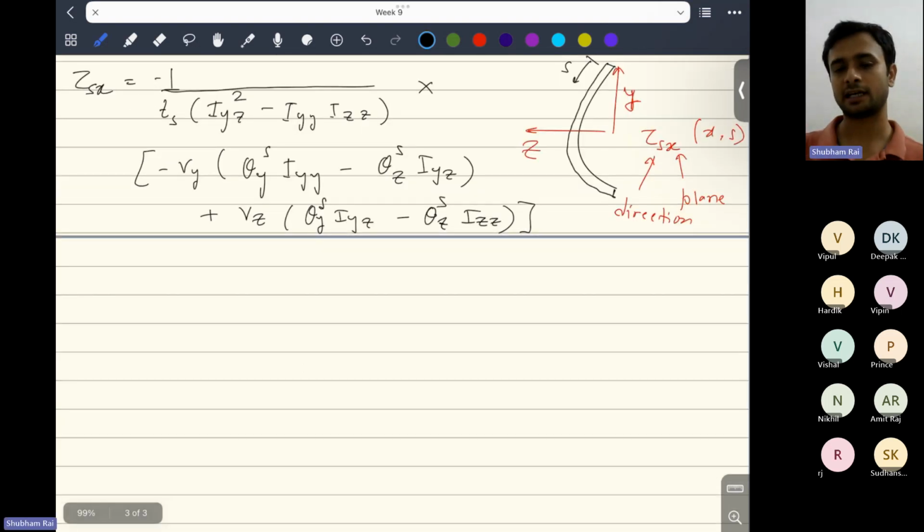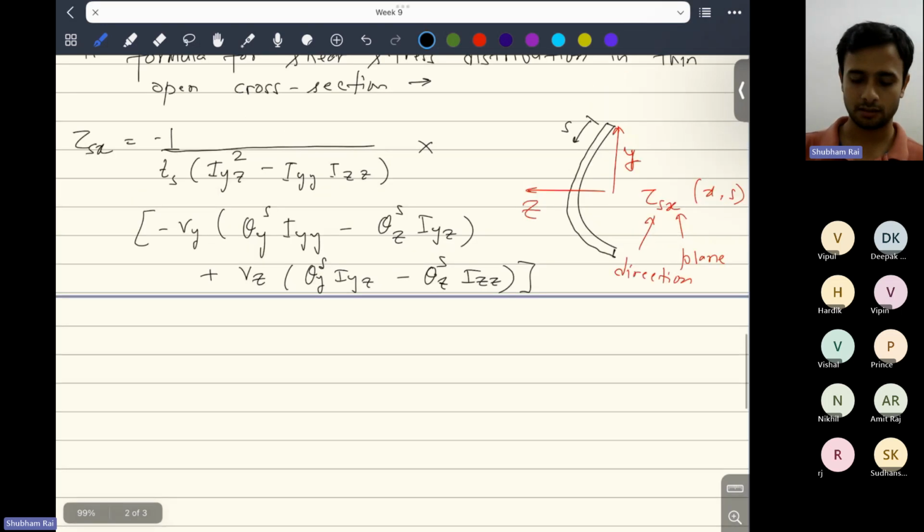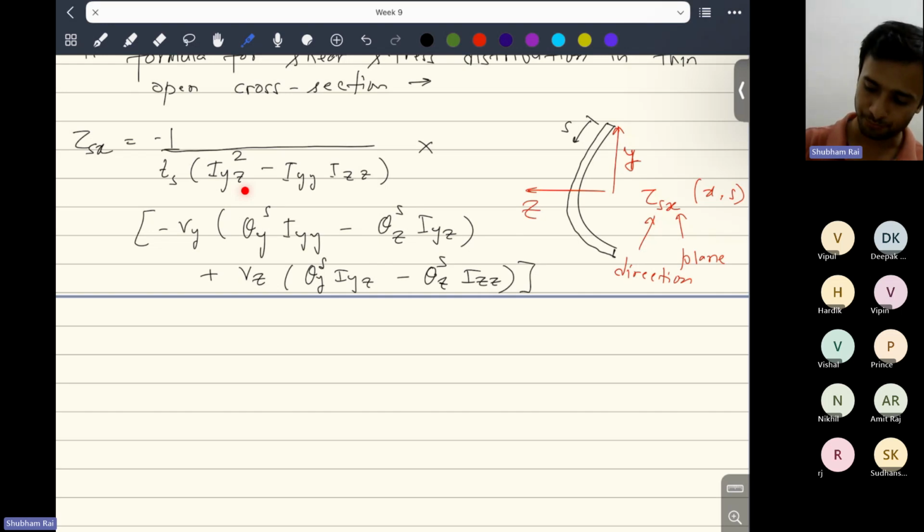And if y and z are along the principal axes of the cross section, then Iyz will be 0.